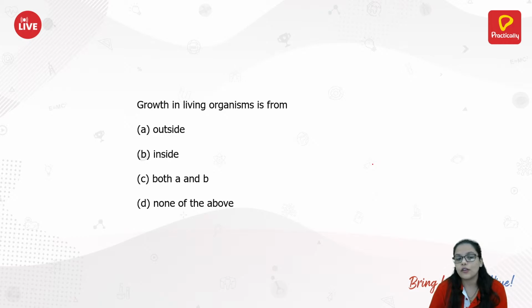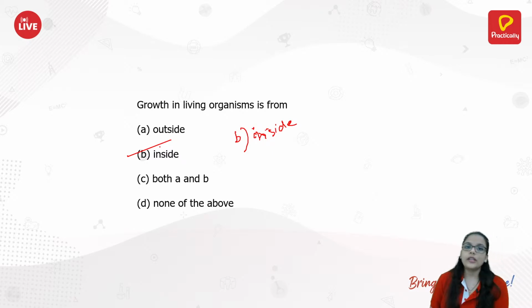The next question: growth in living beings is from A, outside, B, inside, C, both A and B, D, none of the above. The answer for this question is B, inside. How? Because animals or plants or whatever it is, they have growth from inside, cells and everything.